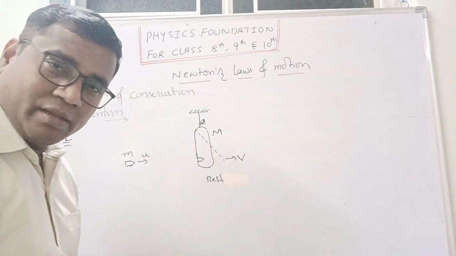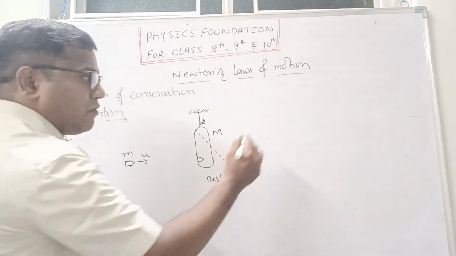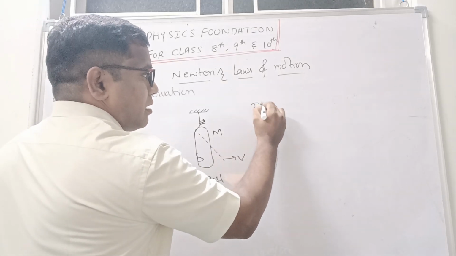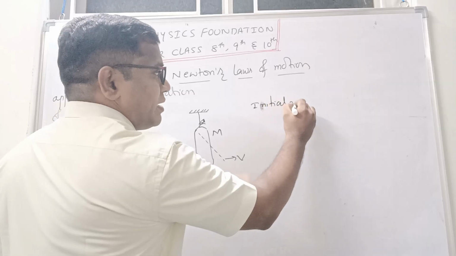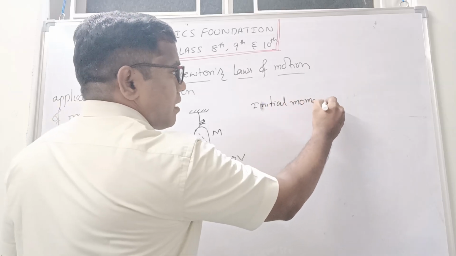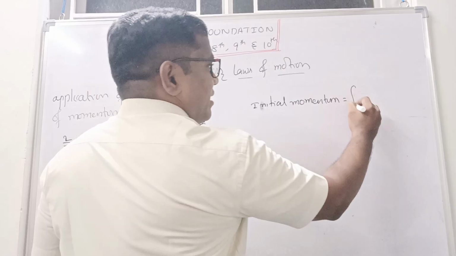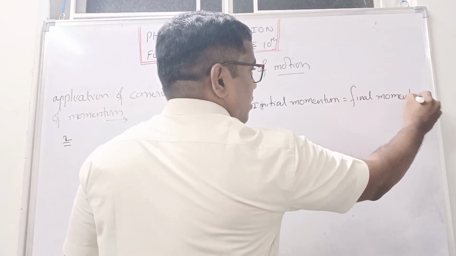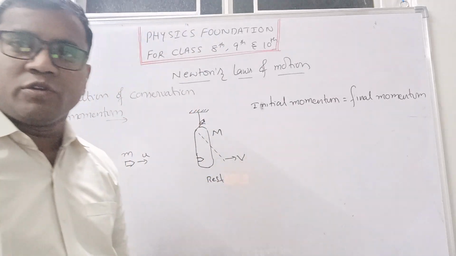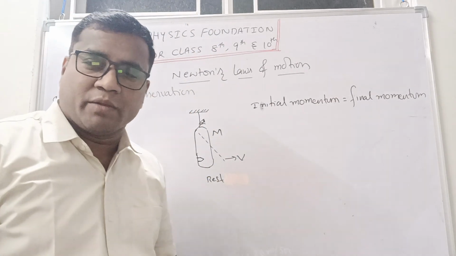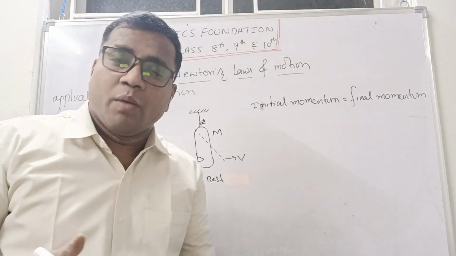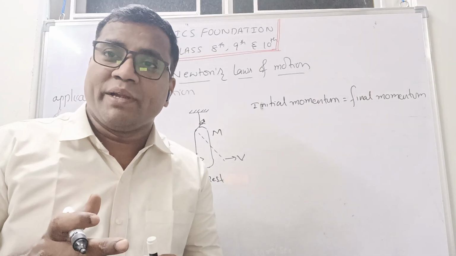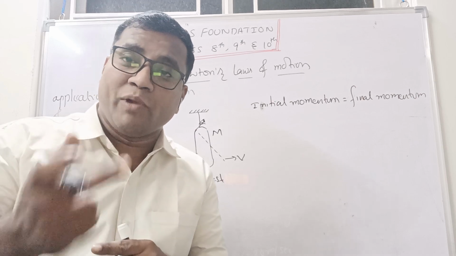Again the same situation. I will write initial momentum is equal to final momentum. In the last case, both the gun and bullet were at rest, so initial momentum was 0.